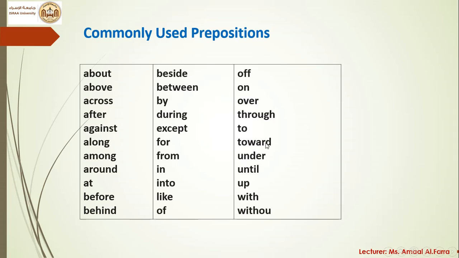So all these are commonly used prepositions. When we put them in a phrase, that is, when we have an article with them and a noun, it becomes a prepositional phrase.